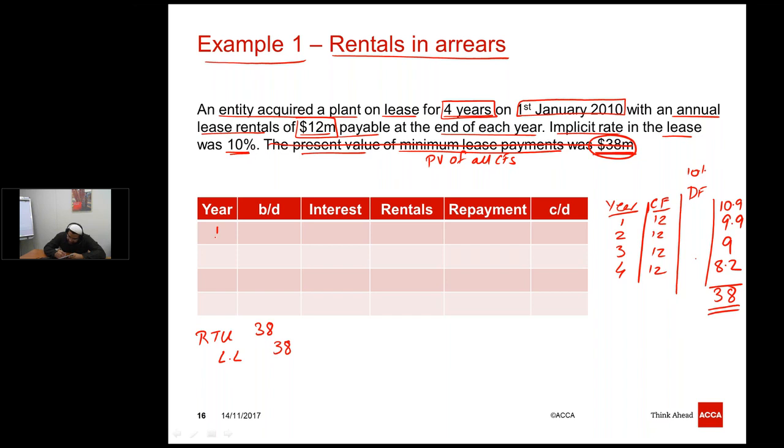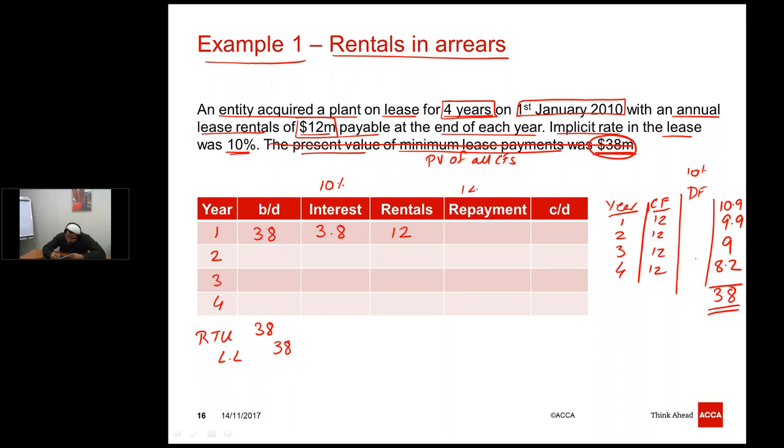Now I'm making the lease table for year 1, year 2, year 3 and year 4. The brought down balance of the lease is 38. Interest is calculated using the implicit rate of 10%, which is 3.8, and the rental paid is 12.